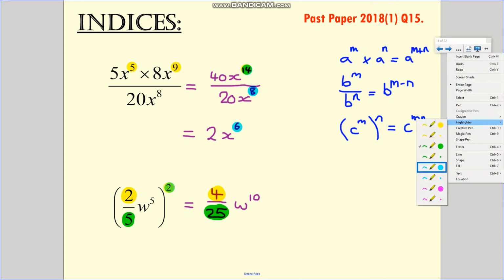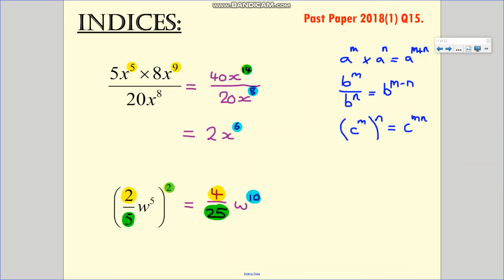And then finally, the reason why I got the number 10 in my final answer is because I have done 5 times 2 as per my rules of indices, to get my final power. Okay, if you need longer with this board, pause it now. If not, I'm going to go on to a few examples in just a second.